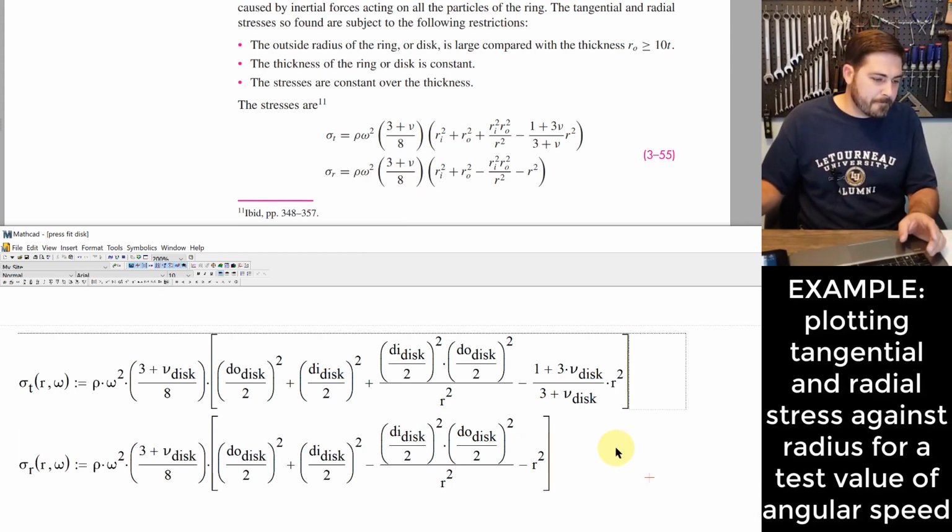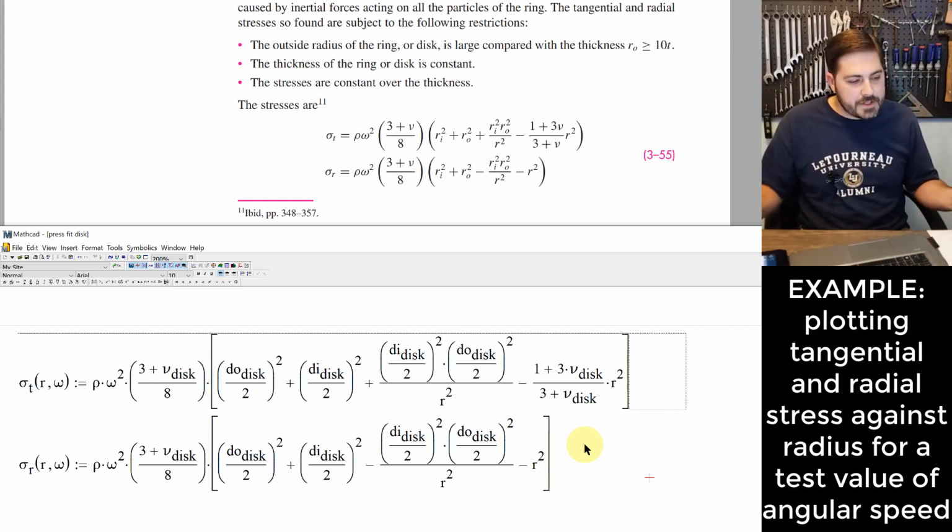And what I'm going to do next, because I don't necessarily know before I start this process where my worst case scenario is going to be for maximum shearing stress in this disk that's spinning, I can get some insight on that if I take these functions and I plot them for a particular value of omega.